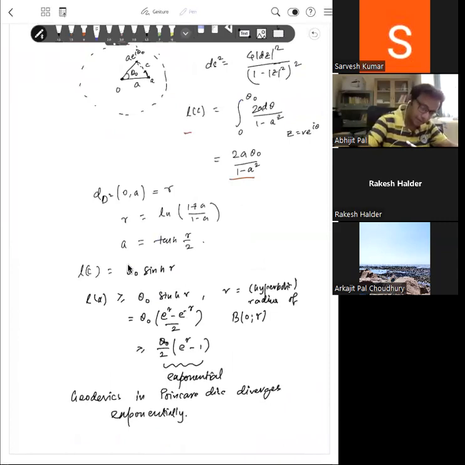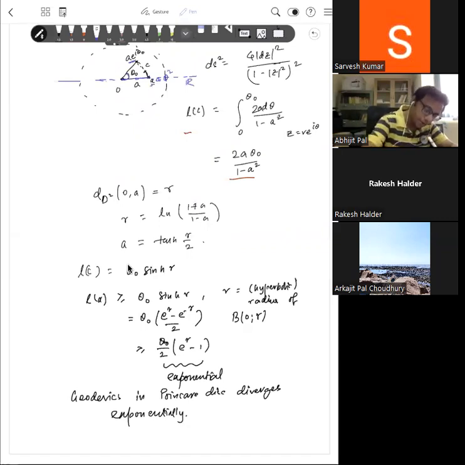So now what is the length of C? Suppose I have drawn it like this. If this distance is A, then this point, which I have taken on the real axis, will be A. And if I take this angle to be theta naught, the coordinate of this point will be A e^(i theta naught).